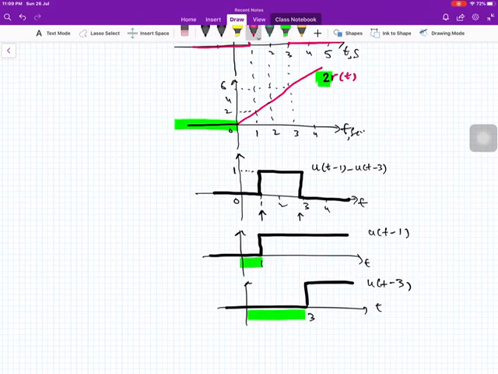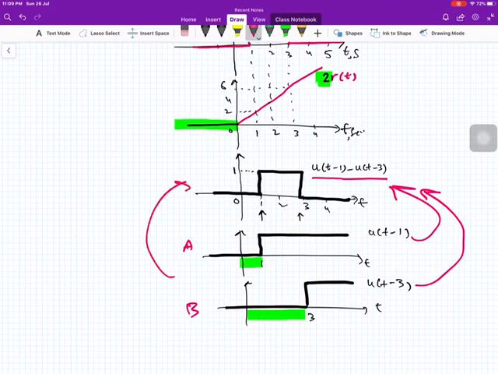Now due to these two, if we see what is u(t-1) minus u(t-3), meaning if it is A and B, what is this? This is A minus B. From minus infinity to 1 second, A is 0, and from minus infinity to 1 second, B is also 0, therefore the difference is 0.